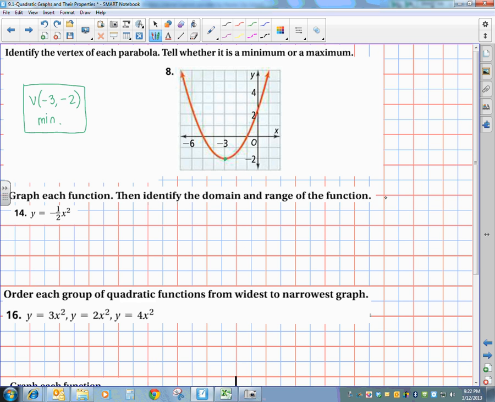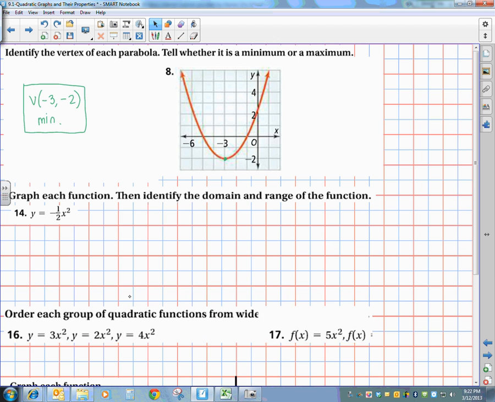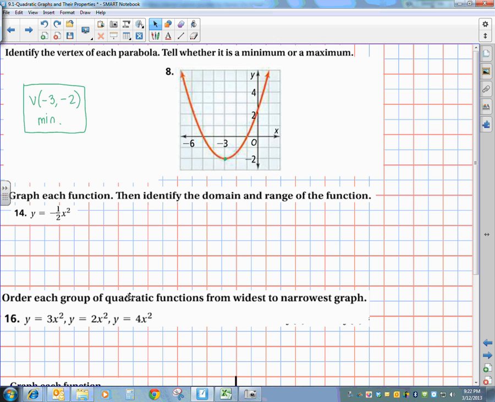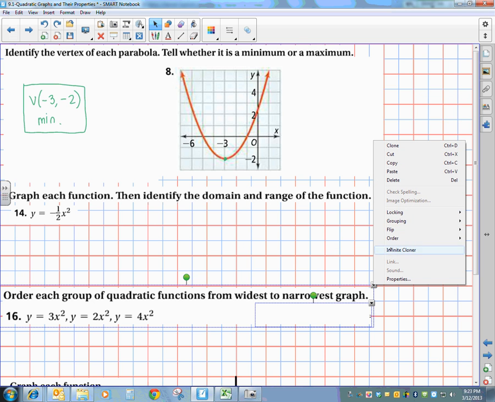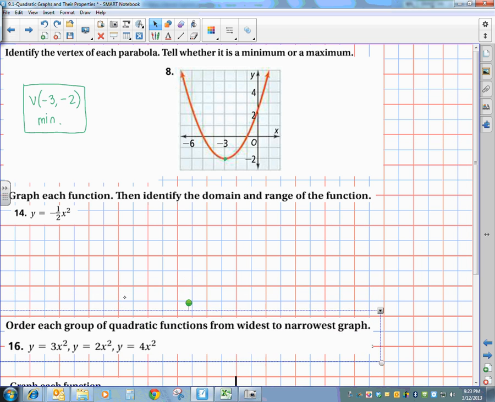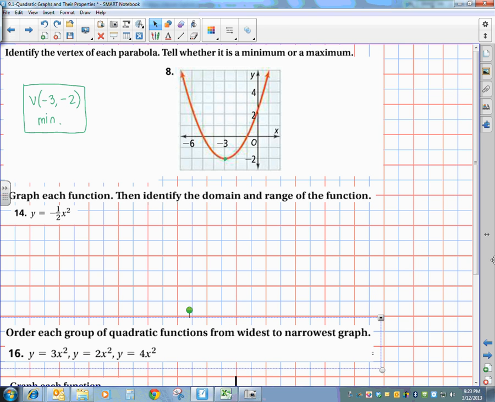Now we have to graph this function. So let me move this down a little bit. And when we do our graph, we're going to look at our key points. As we did before, we wrote down our key points, and that's the best way to learn them.